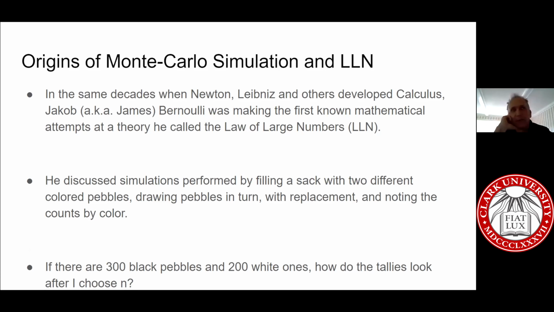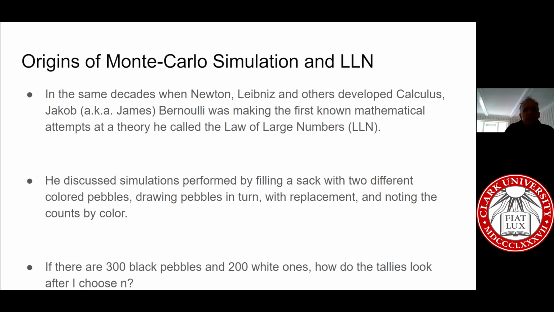Only you can now control the exact probability. It doesn't have to be a half. So if you put 300 black pebbles and 200 white ones in, and you select and count black versus white, you should get a ratio that's 3:2, or something that looks like 3:2.